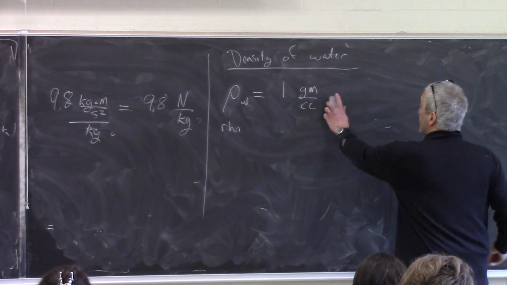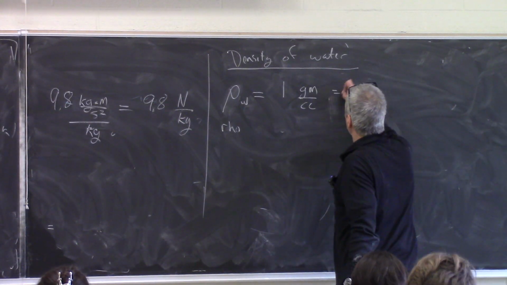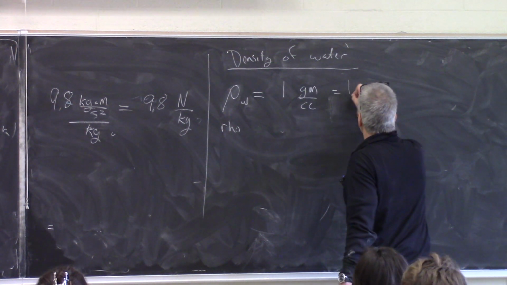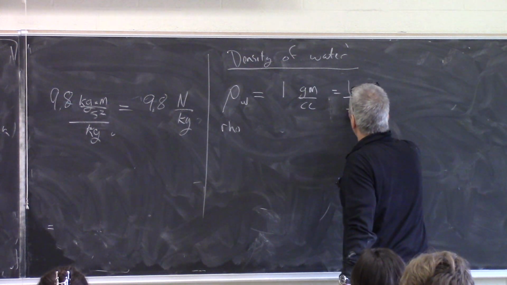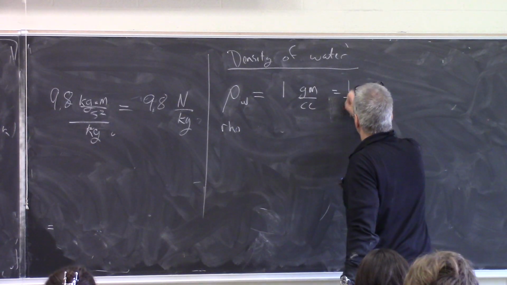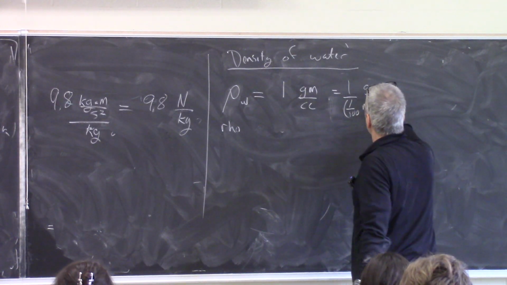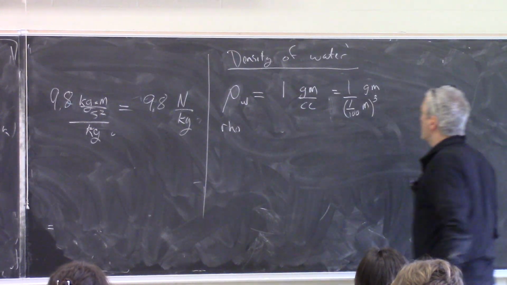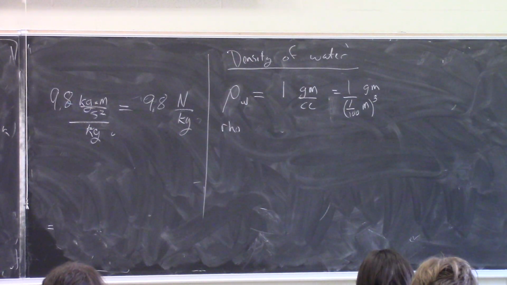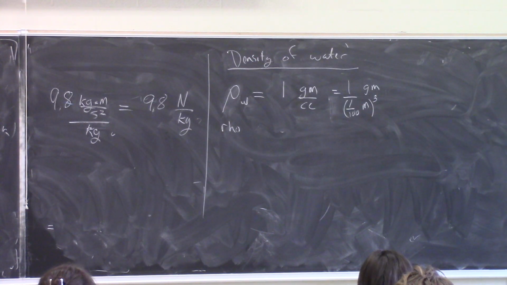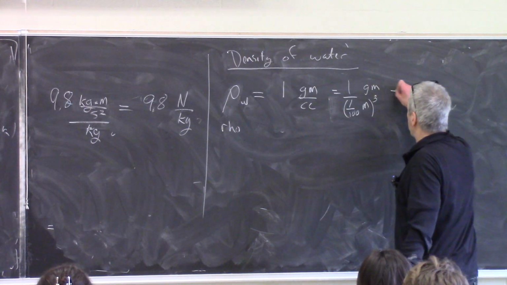Okay, now let's think about this. This is 1 gram, and now a cc is 1/100th of a meter, and so a cubic centimeter is that cubed. Again, a centimeter is 1/100th of a meter, and we're going to cube that, so that's (1/100) cubed.